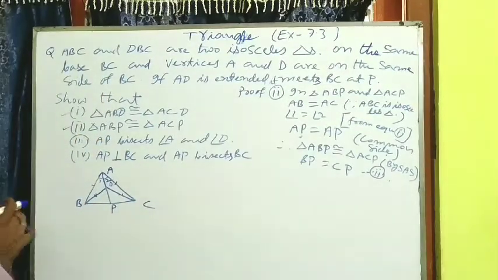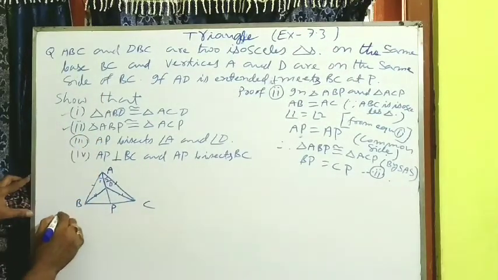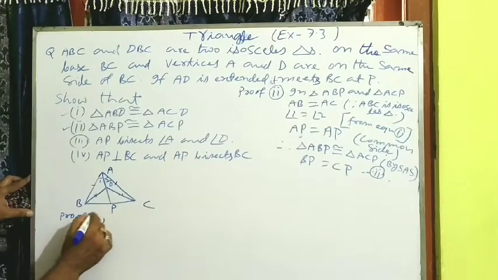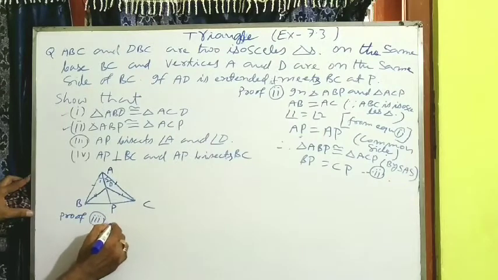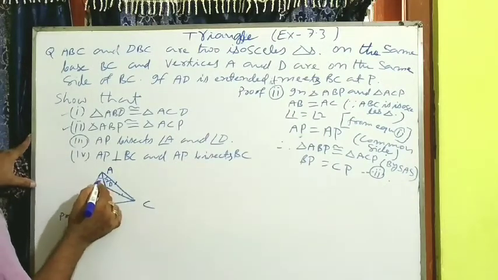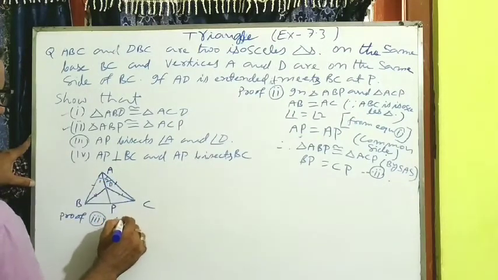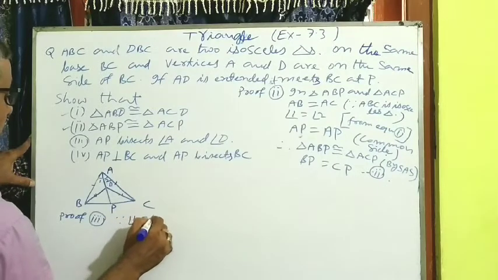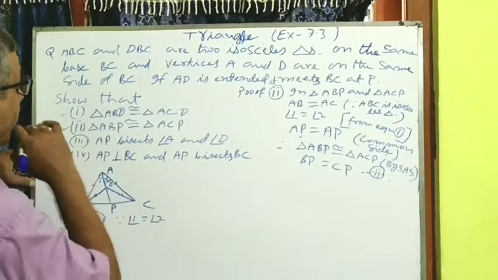Here you see proof 3. Since angle 1 is equal to angle 2, from where?